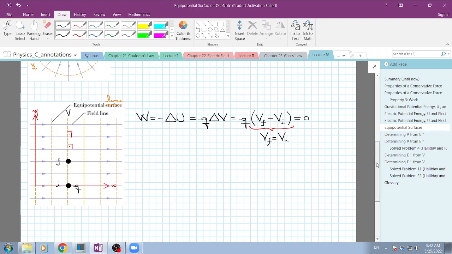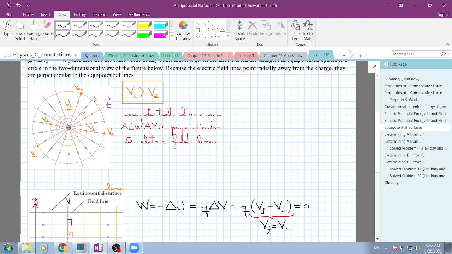Now for this here, the work. For example, I'm interested in moving a particle from here to here. The work to try to move this charge here.